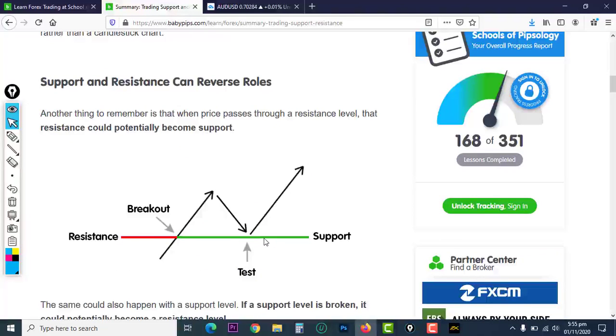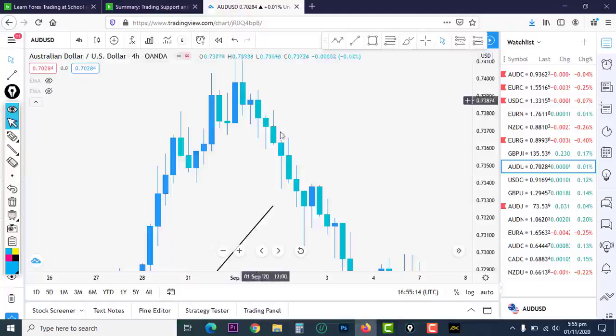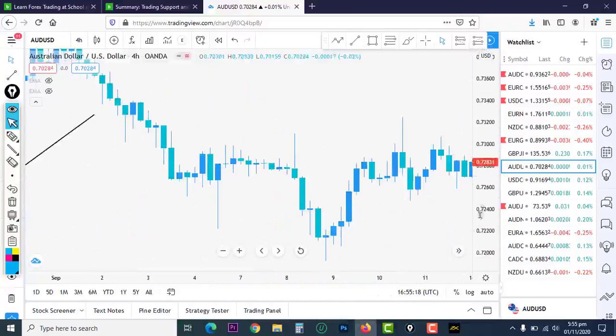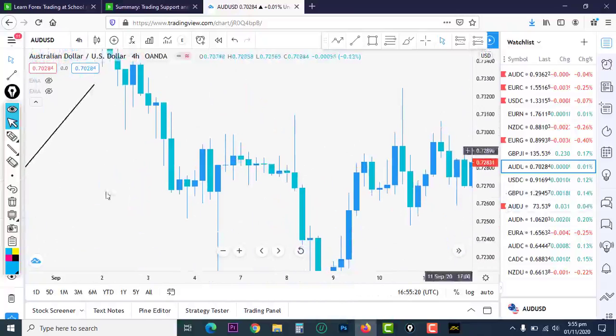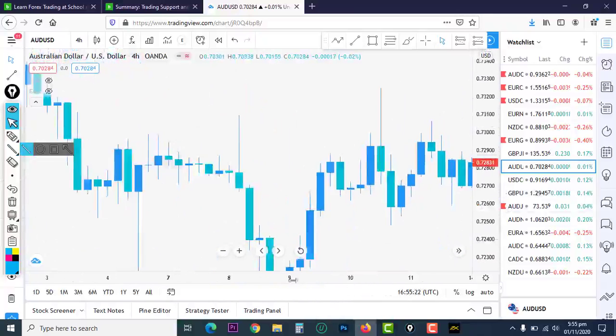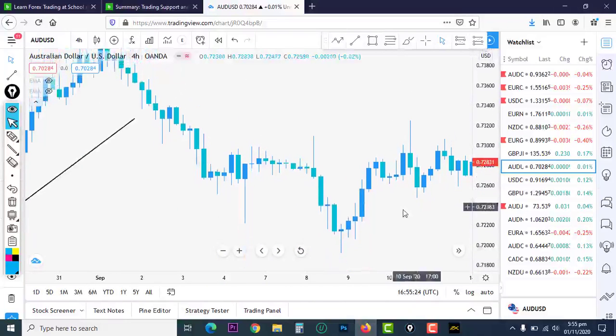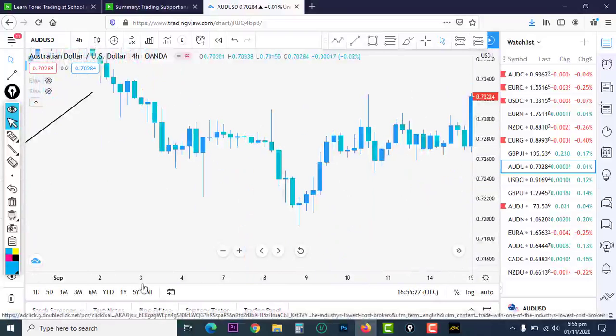They can reverse roles like we discussed. I mean, I just showed you with the aid of this candle right here. We really did not do that, but in a ranging market, you can actually see that support and resistance reverse roles. Let's use this one as an example.